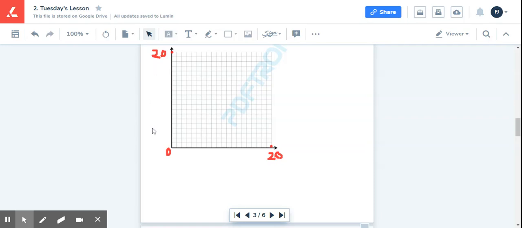Vertically, we call this the y-axis. Then we have the horizontal number line that goes from 0 to 20 horizontally, and we call that the x-axis. The y-axis and the x-axis meet at a special place called the origin. That's where they both equal 0.